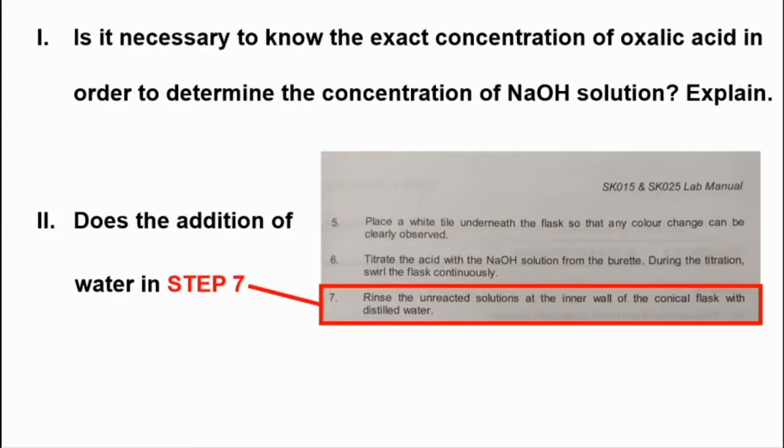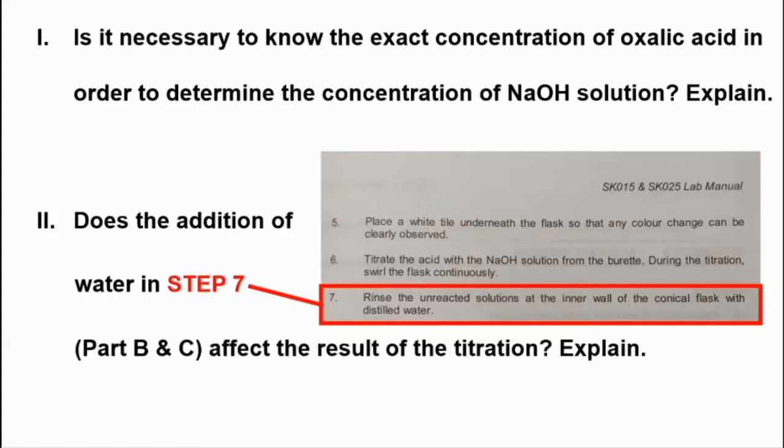We are adding distilled water when we rinse the inner wall of the conical flask. So does the addition of distilled water in step 7 in both part B and part C affect the result of the titration? Please explain this in your report.